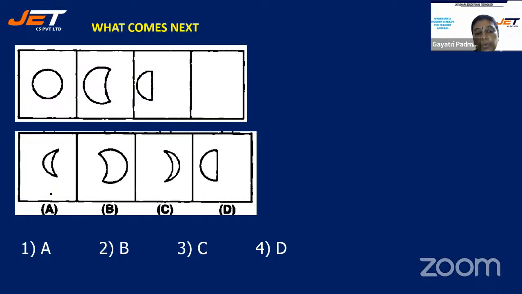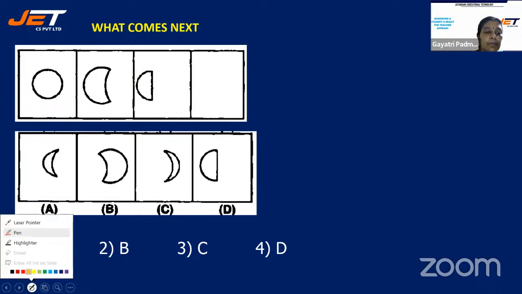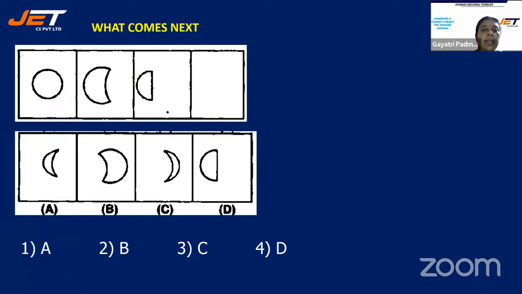Is it option A, B, C, or D? It cannot be option D because this option and this option cannot be the same. So it cannot be option D.